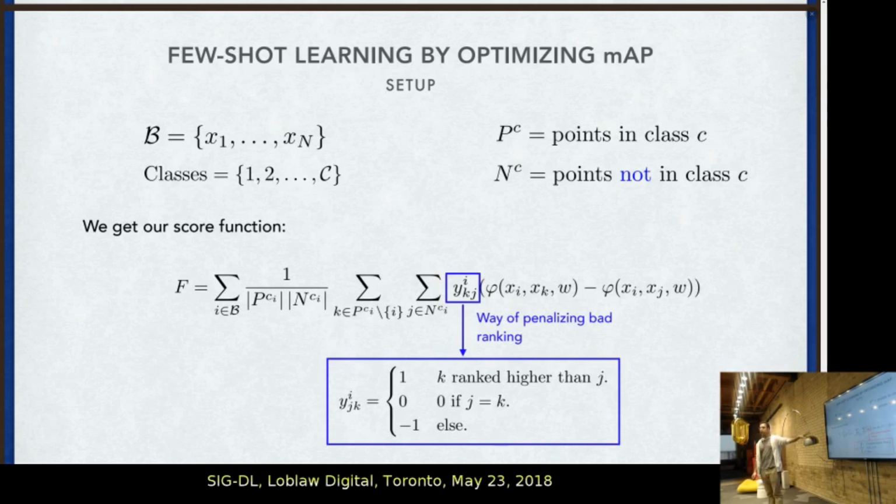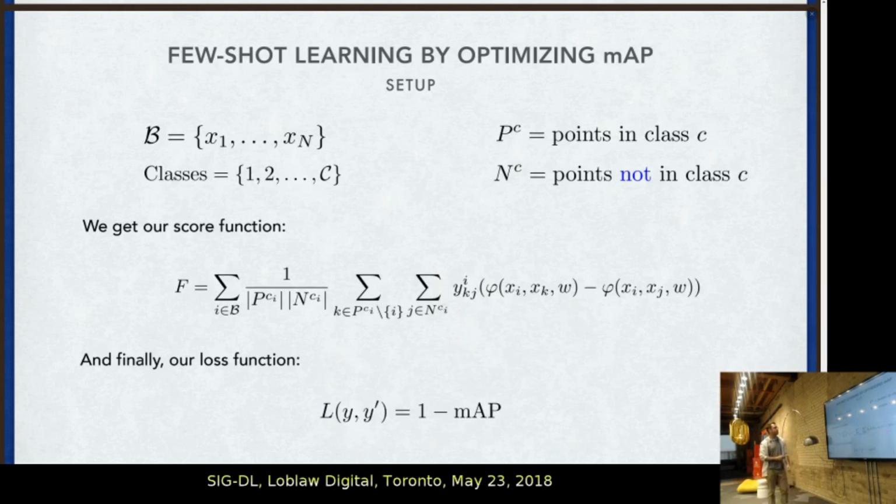With that information, you get a function that assigns a better score if you're ranking well than if you're ranking wrong. This is sort of what we want: a scoring function that tells you how good you are at ranking. And that's the scoring function. This is just normalizing, and that was basically the embedding.